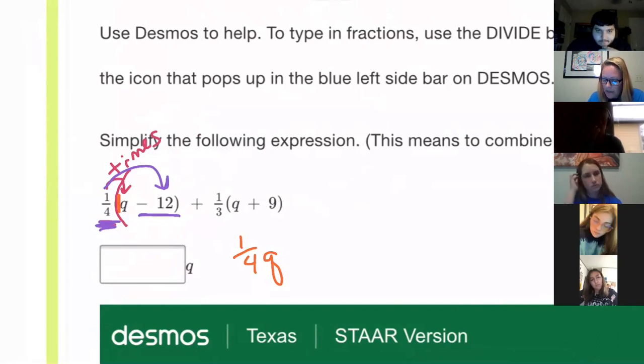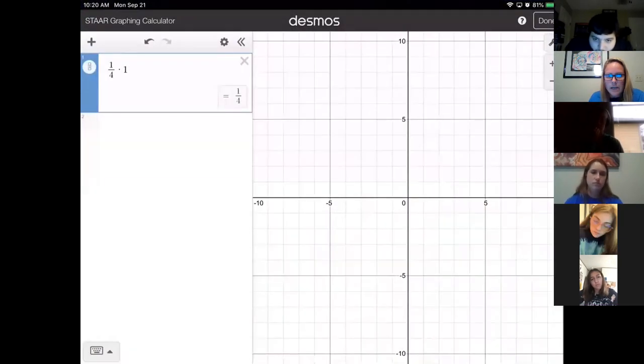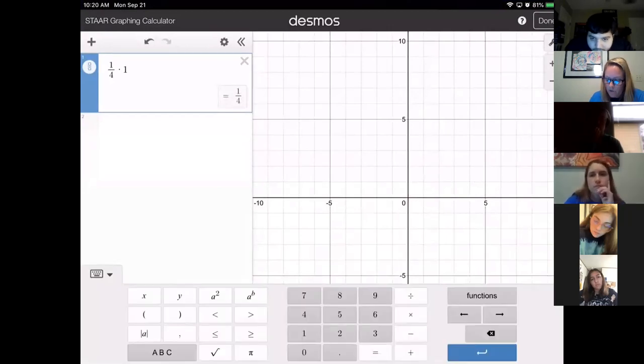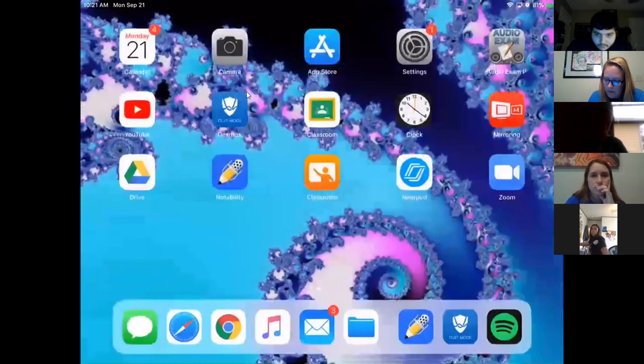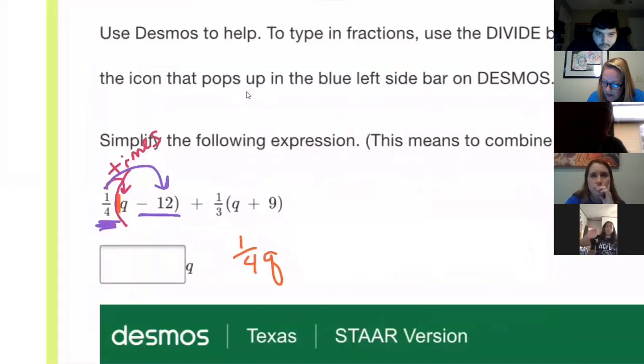So we're going to go back to Desmos and we're not going to freak out. We're going to change that to say 1/4 times 12, and I'm going to make it a negative so that I don't forget. 1/4 times -12 is -3, and that actually came out really nice. So we're going to have a -3, okay?